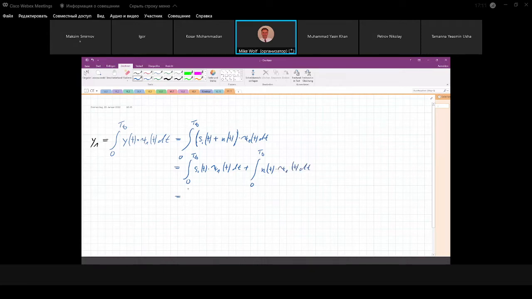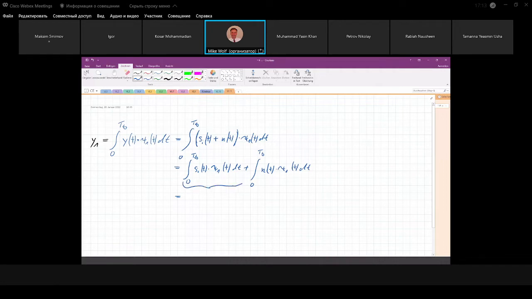And now the question is this. This is our signal, and we multiply the signal with the basis function and integrate. So what is this? Yeah, this is our signal component, signal space.